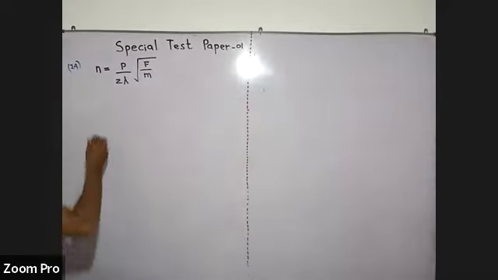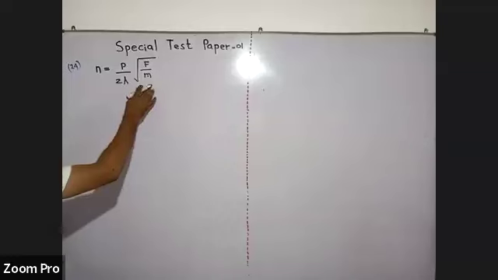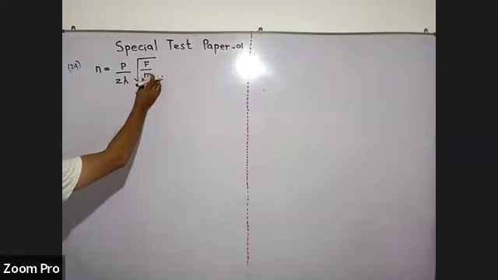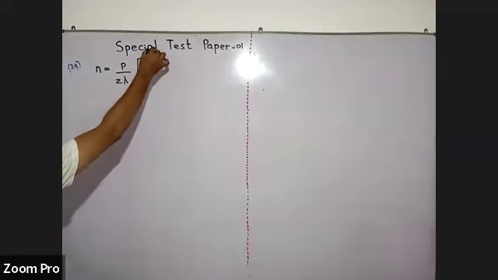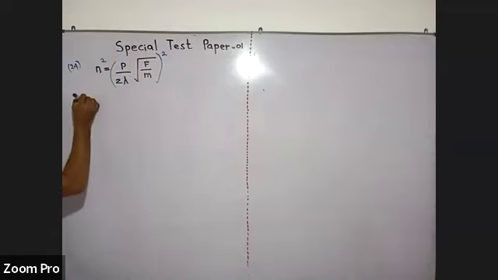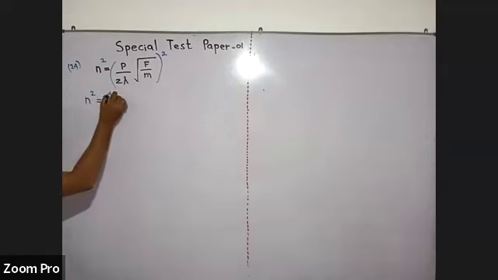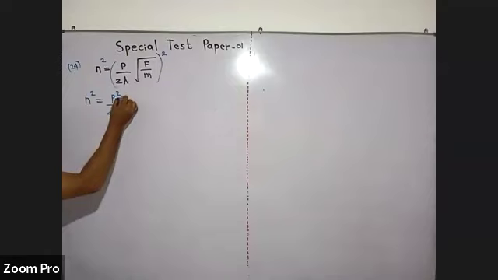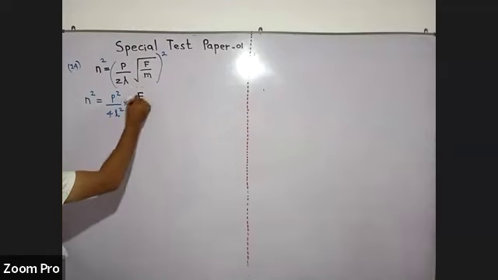Okay, so first of all, let's make M the subject. M is inside the root, so I'm squaring both sides. Then it becomes n squared equals p squared over 4 l squared times F over M. If I square the root sign, the root sign is excluded.